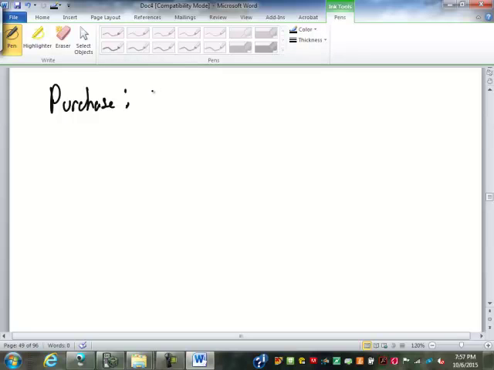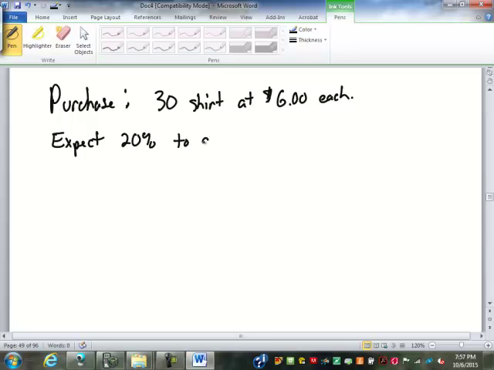So let's look at fashion instead of food for a change here. Let's say you're going to purchase 30 shirts, assorted colors or whatever, at a price of $6 each. You expect, once again, 20% to go out of fashion, or out of style before sold.